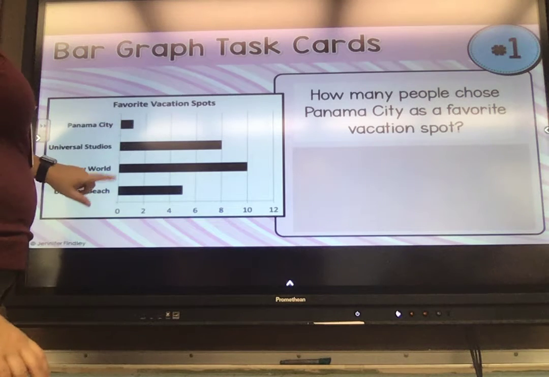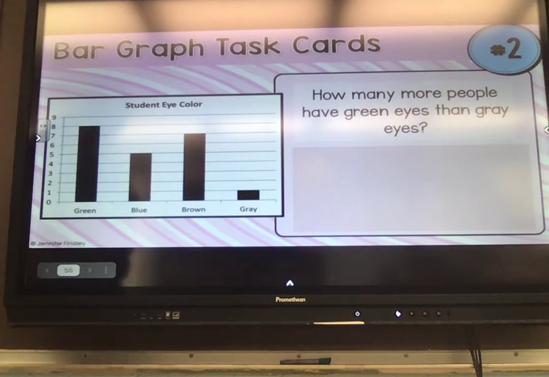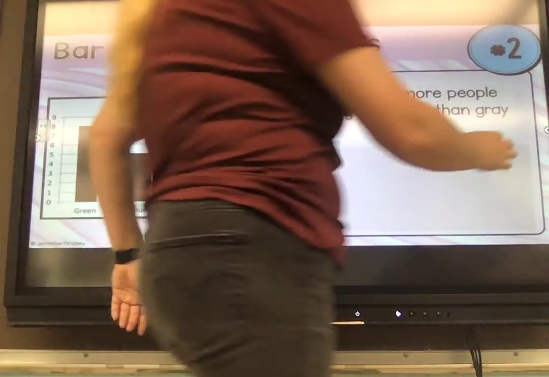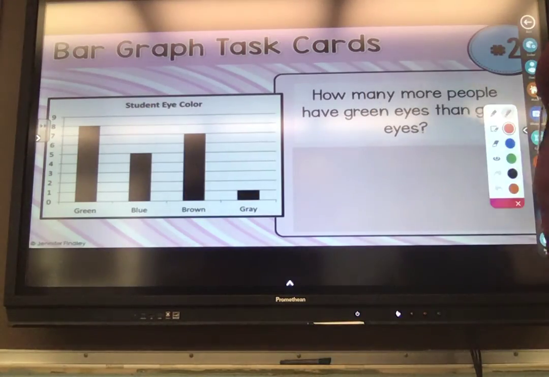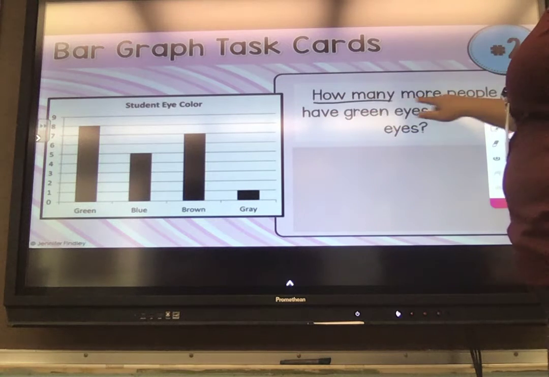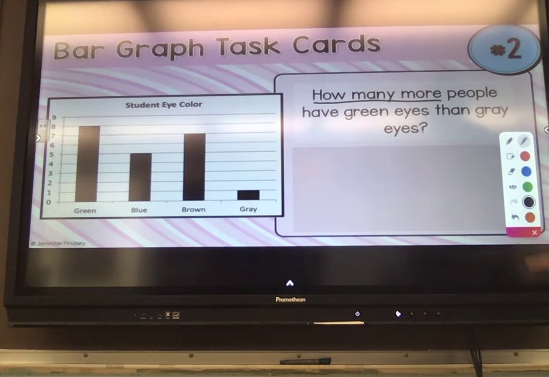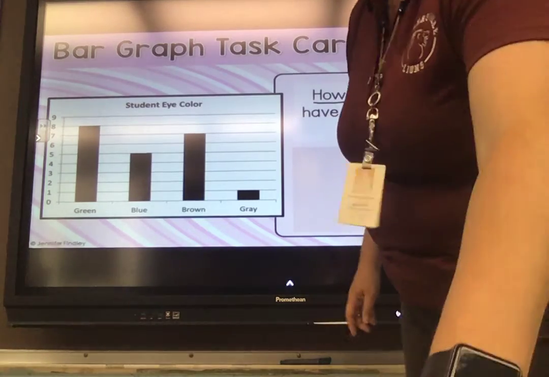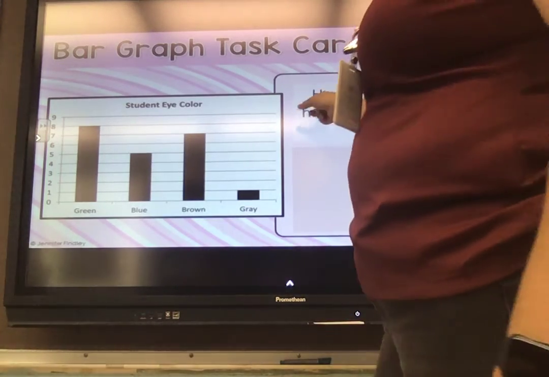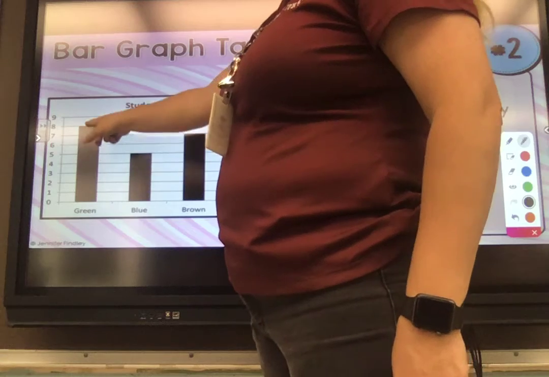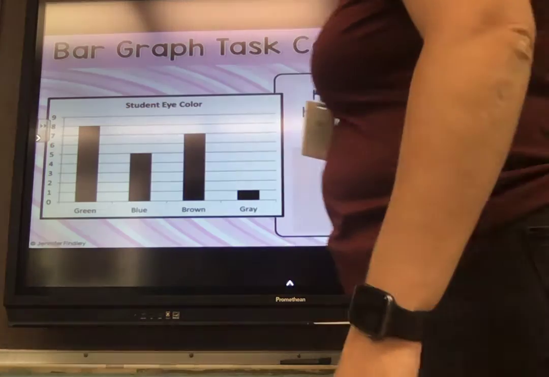Okay, on our next slide, number 2. How many more? Well, that's a clue word. I'm going to underline it. How many more people have green eyes than gray eyes? So let's go over here to our graph. Green goes up from 0 to 8.